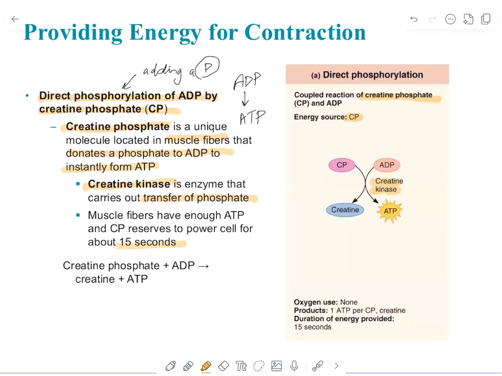Creatine phosphate is added to ADP to make creatine and ATP. It's kind of like a shuttle where the phosphate from this molecule is transferred to ADP to generate ATP. And 1 ATP is produced per creatine phosphate.